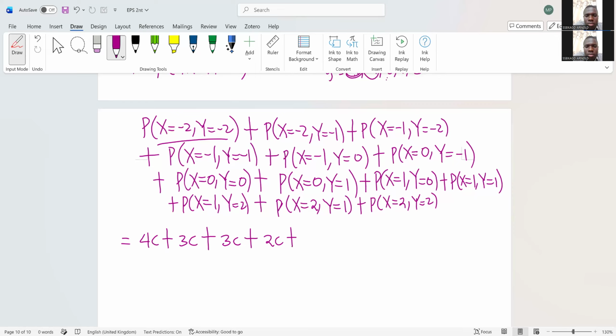Plus X is -1, Y is 0, that is C. Then plus X is 0, Y is -1, that is also C.